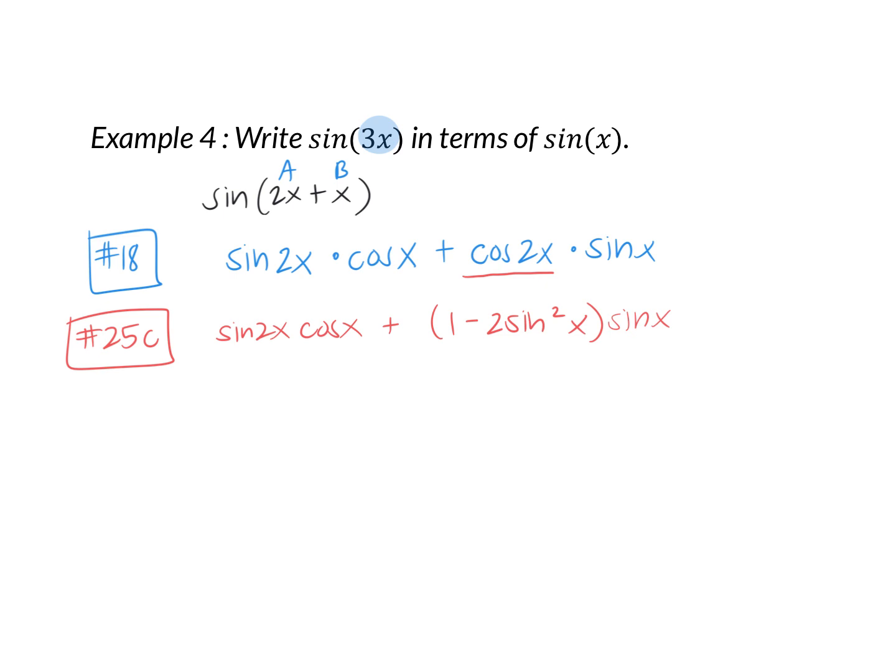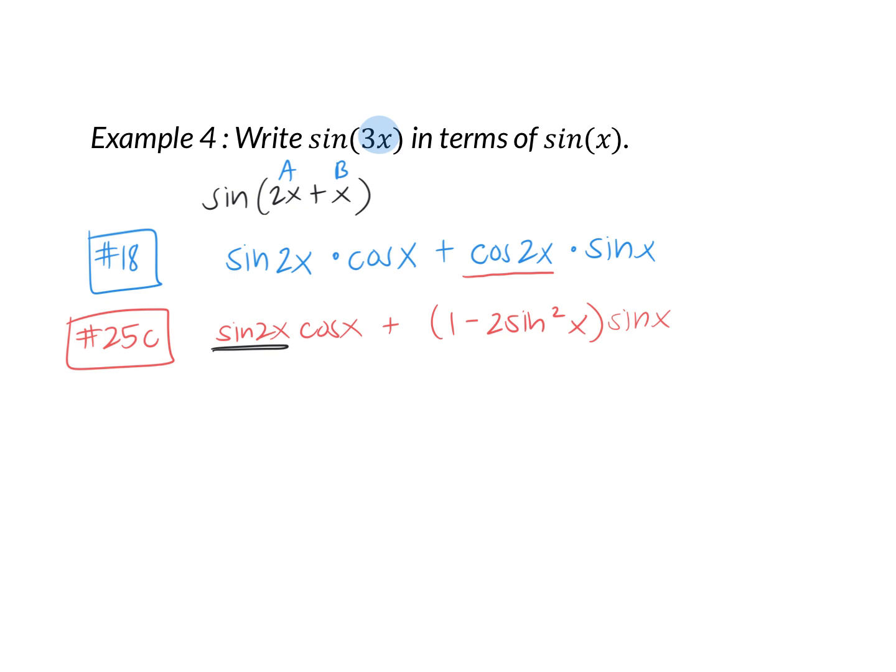Okay, I've still got a cosine of x there. I don't have anything that just equals cosine of x in terms of sine, right? So instead, what we're going to do is rewrite, because I have something about my sine of 2x, right? I could simplify sine of 2x.